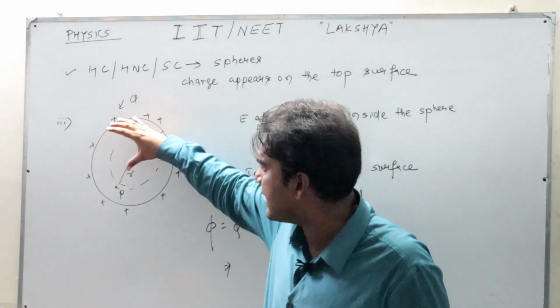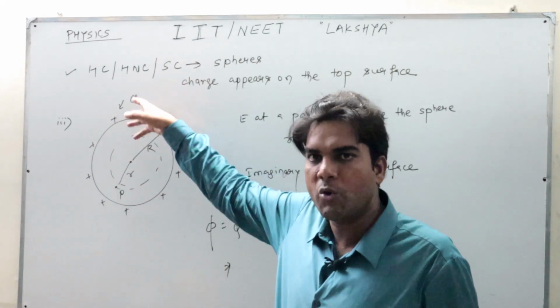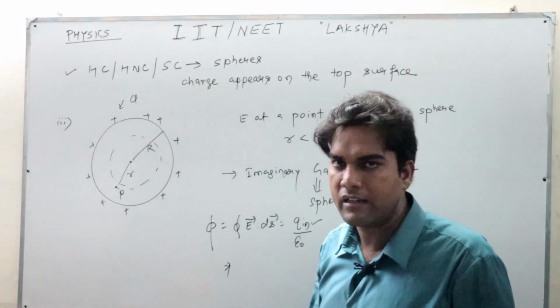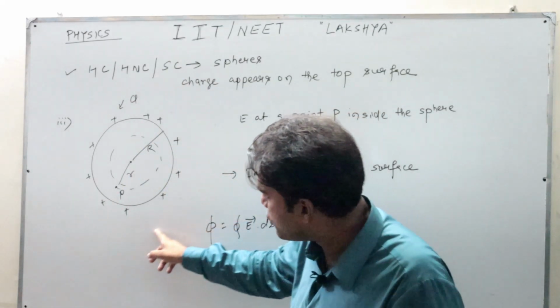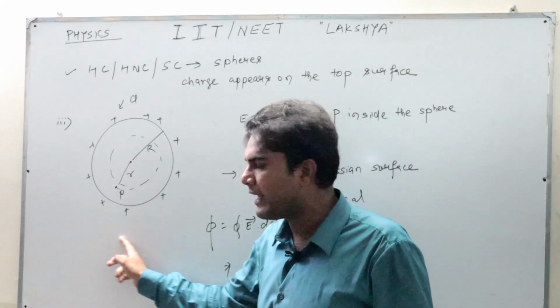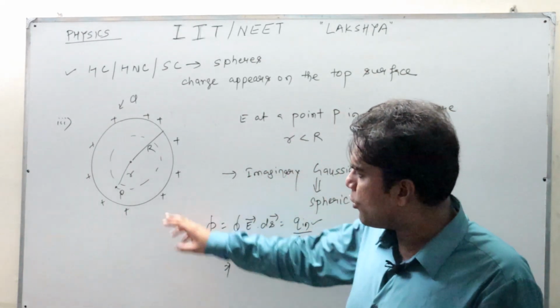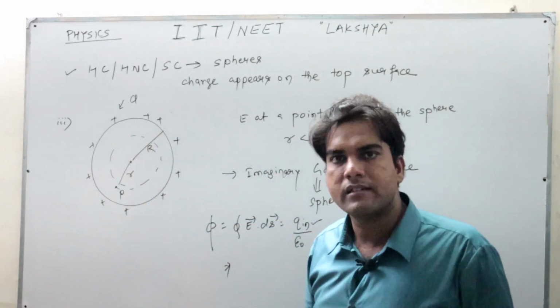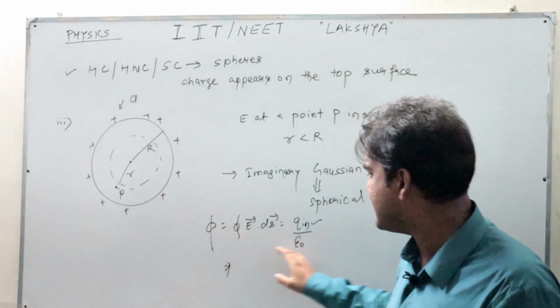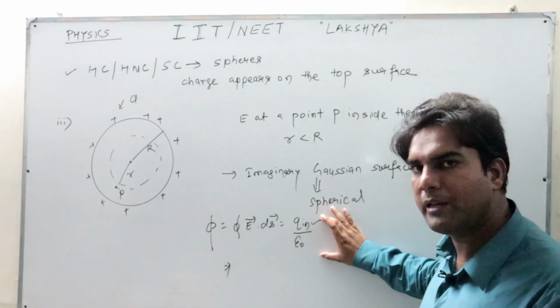Why? Because whatever charge you have injected into this sphere, the entire charge got distributed and appears on the surface. So there is no charge inside this Gaussian surface. It means q in is 0, so the right side quantity becomes 0.